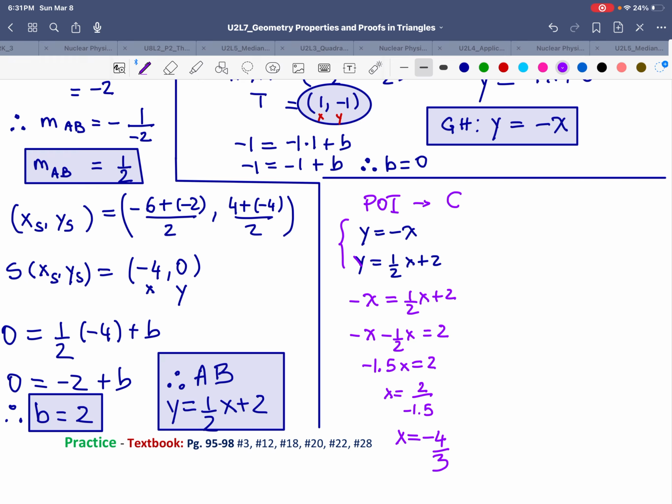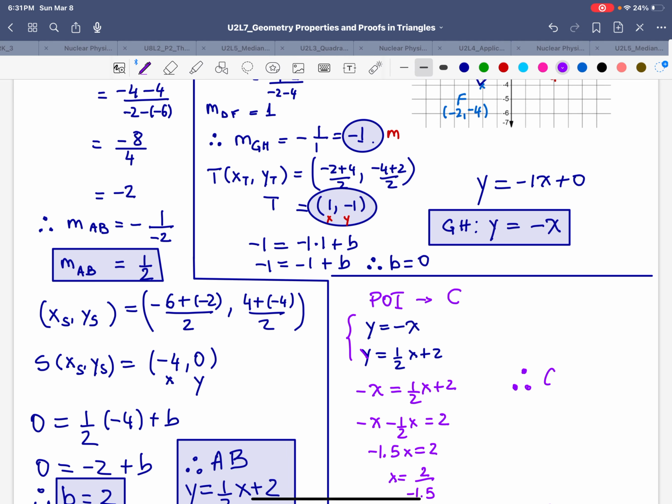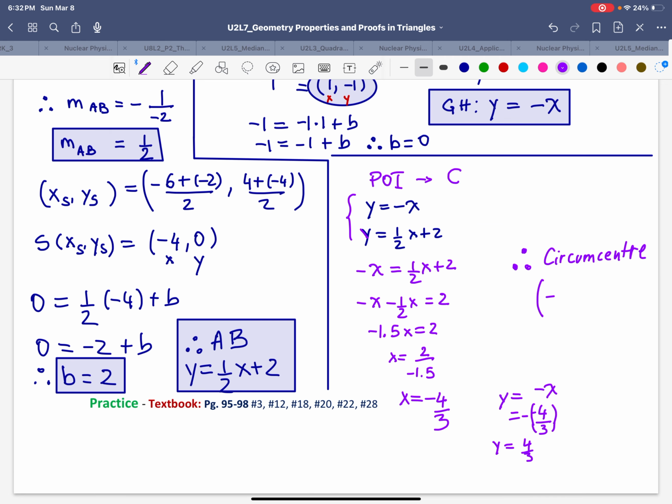Now to find the y coordinate, we substitute into the equation y equals -x, which makes y equal to the opposite of -4 over 3, which is basically 4 over 3. And therefore, the circumcenter of this triangle is at the point with coordinates -4 over 3 and +4 over 3.